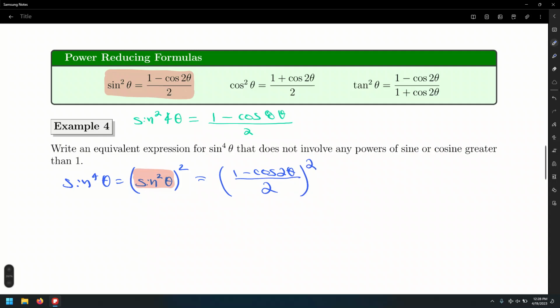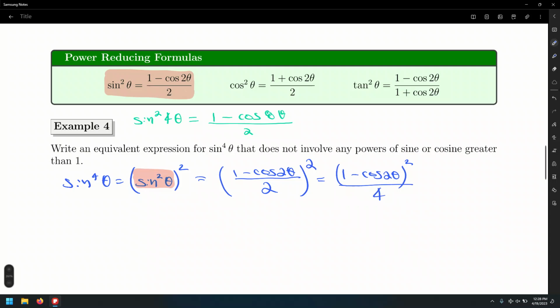That square outside of the parentheses indicates that we need to square both the numerator and the denominator. For the squaring of the numerator, just leave it like that for now. That's simply 1 minus cosine 2 theta, the whole thing quantity squared, and 2 quantity squared becomes a 4. All right, we will deal with the numerator shortly.